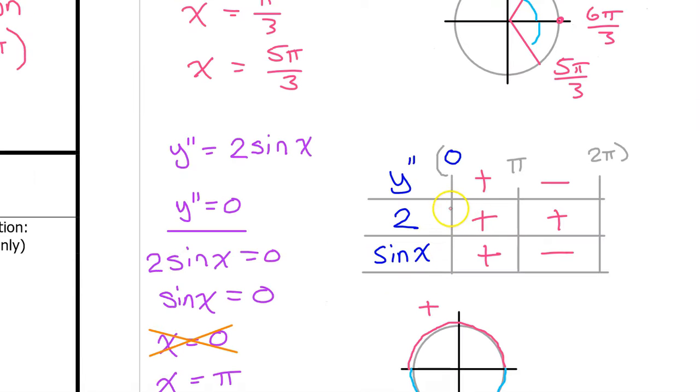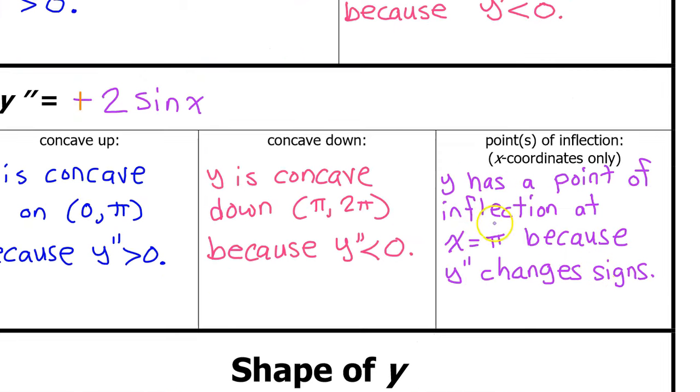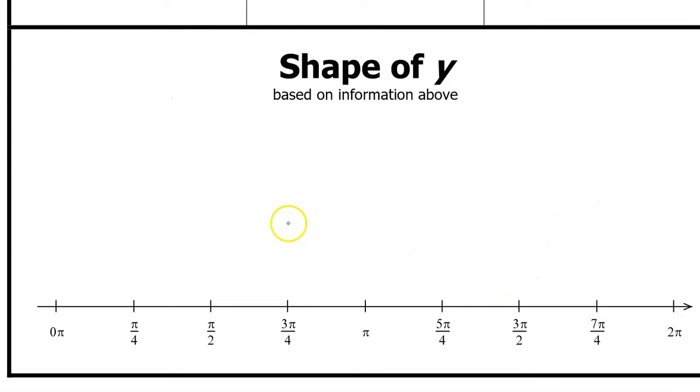Y will have a point of inflection wherever y double prime changes signs. And y double prime changes signs right here at pi. Kabam! Point of inflection. We say y has a point of inflection at x equals pi because y double prime changes signs.